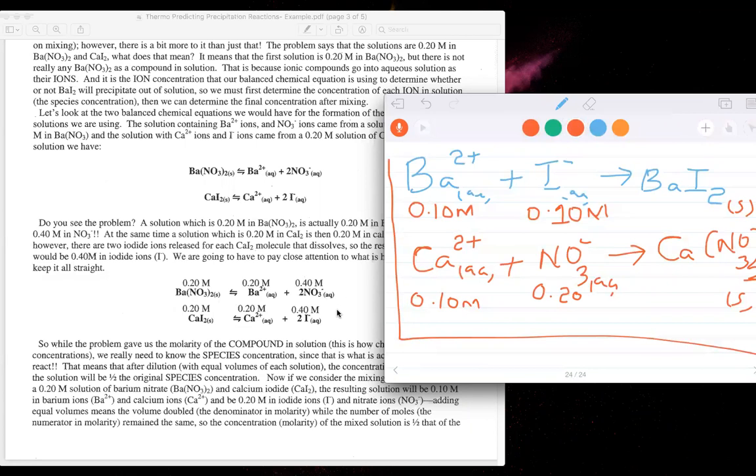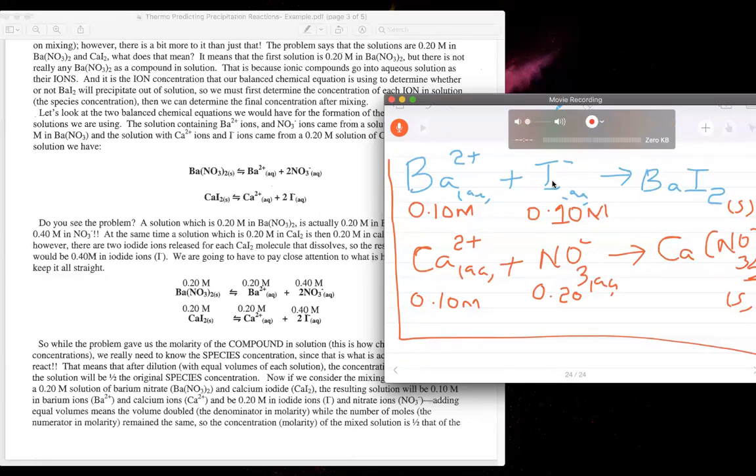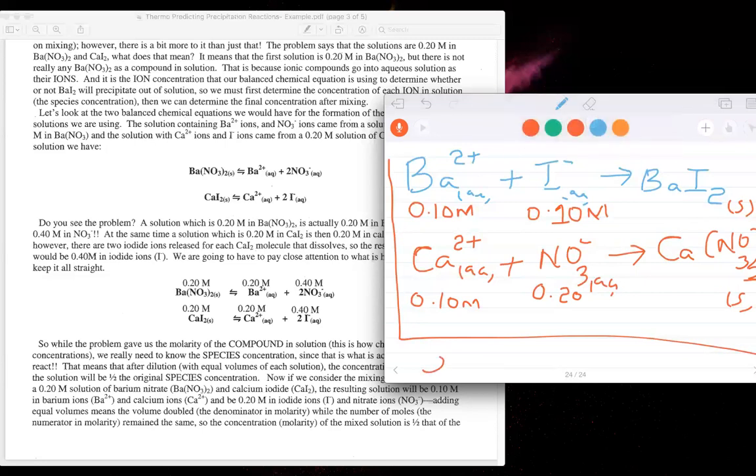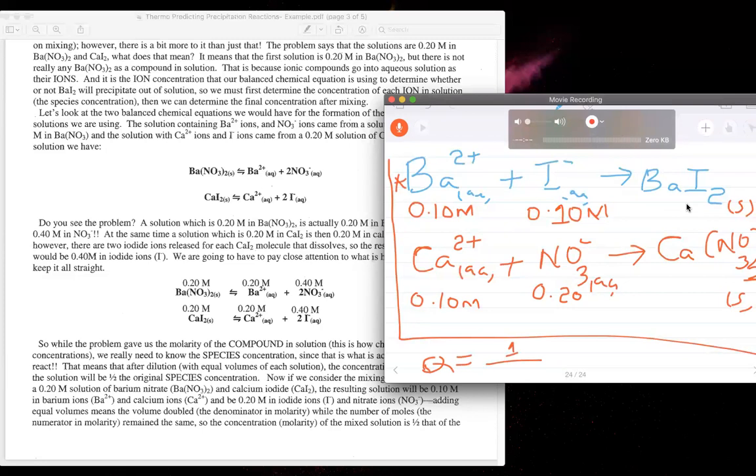Now, if this is what my solid is, barium iodide, the reaction quotient Q will be product over reagent. When you have a solid, don't get confused on where the solid is in the background. Use what I have here, the solid product over reagent.